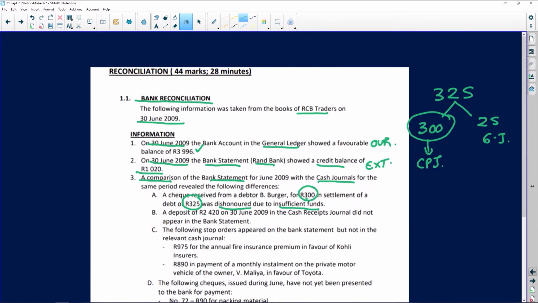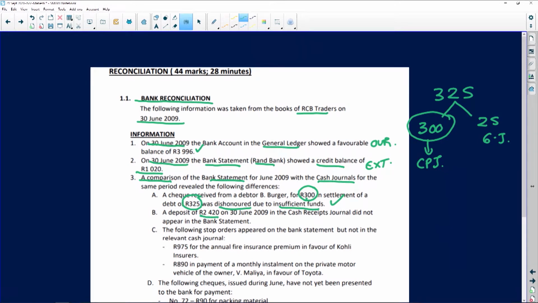Let's now move on to the second error. So we're looking at difference B, not necessarily an error. A deposit of 2,420 Rand on the 30th of June 2009 in the cash receipts journal did not appear in the bank statement.